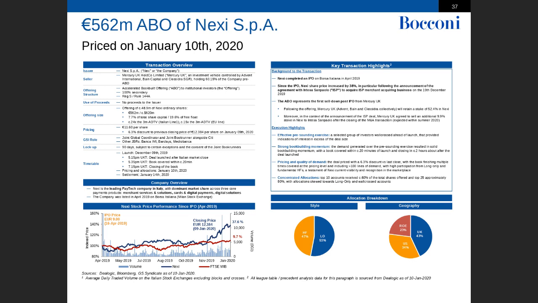I'm talking about the foreign ones, because Mediobanca and Intesa were always present. You can see that there was a shift, because this time around, Merrill and Credit Suisse were not involved.